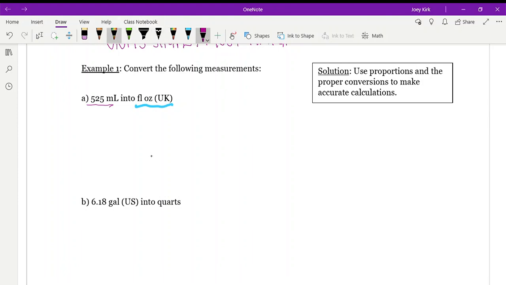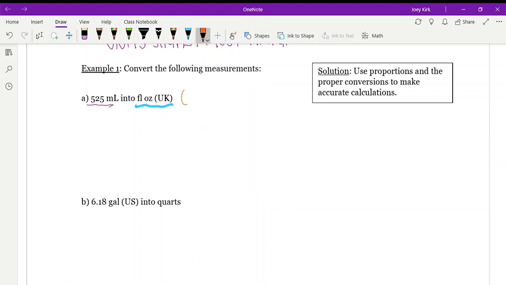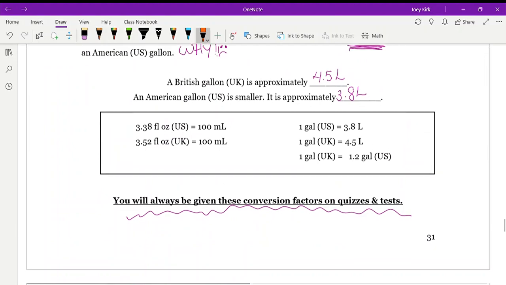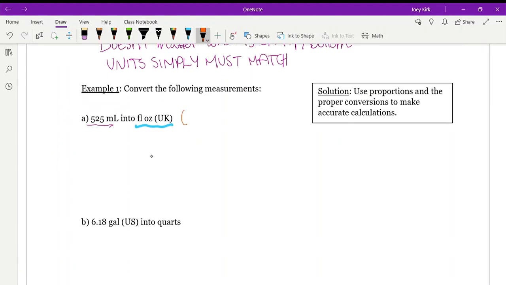But also really important is that you write down your conversion factor, okay, because those are going to be different. So I'll use orange for my conversion factor. I'm not always going to do this, but if I scroll up, sorry, this is probably dizzying. I know I'm wanting to go from milliliters to UK ounces, so I'm going to look at my conversion sheet or at my notes, okay?